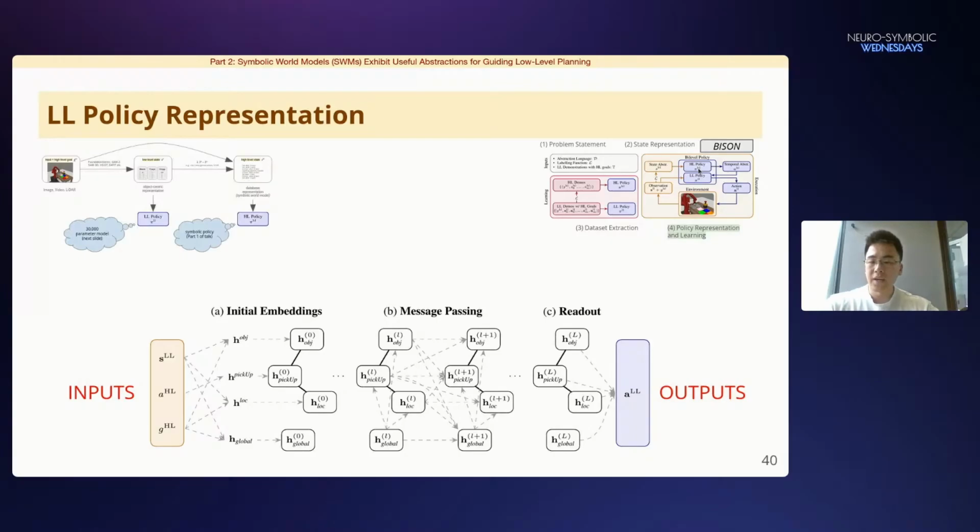But furthermore, we also have a high-level action, which we assume we've computed using the high-level policy that we've synthesized. And going back to our dataset, these high-level actions can also just be extracted from low-level demonstrations. Simply, what we want to output is one single low-level action to apply given any state and goal.